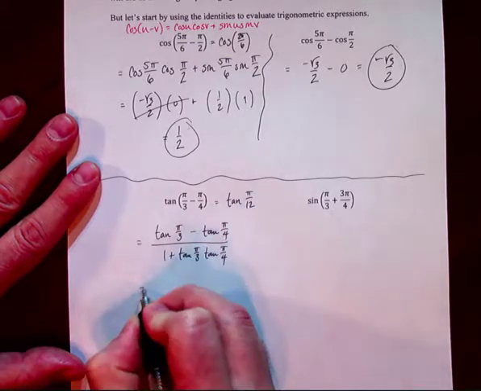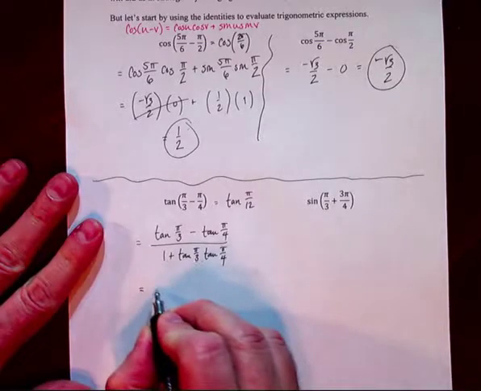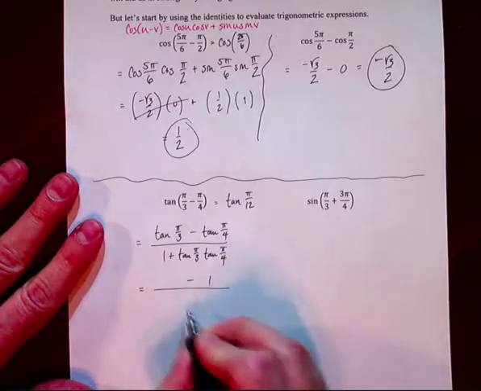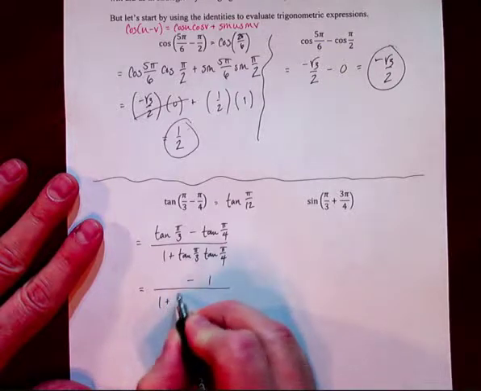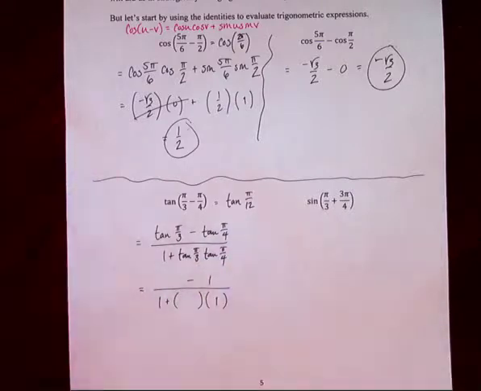Now, tangent of pi over 4 is actually pretty easy, okay? Tangent of pi over 4 is 1, okay? And so what we have here is minus 1 and 1 plus some value times 1. The question is, what is tangent of pi over 3?